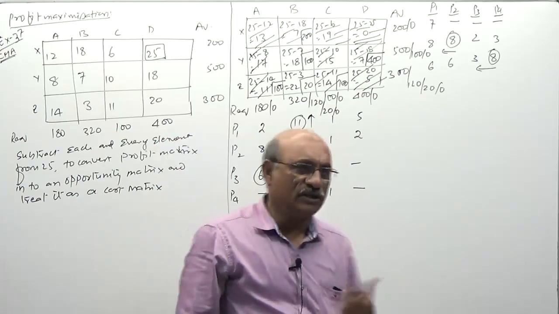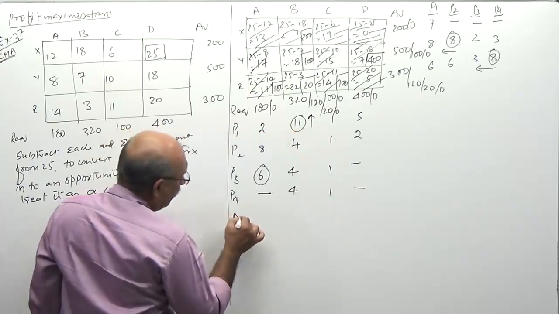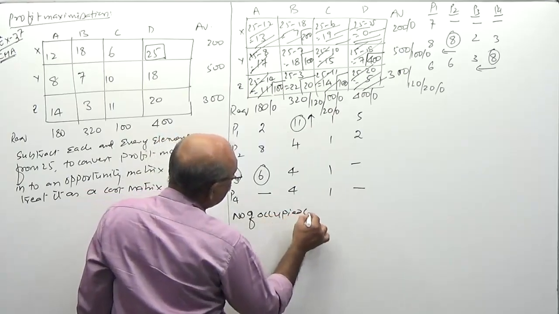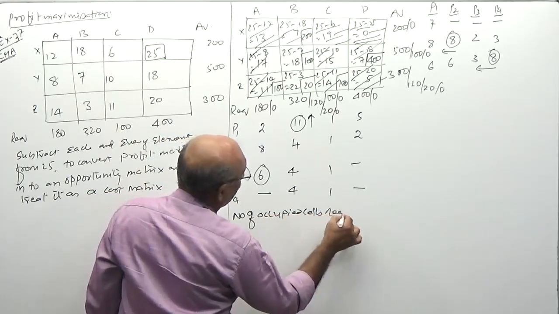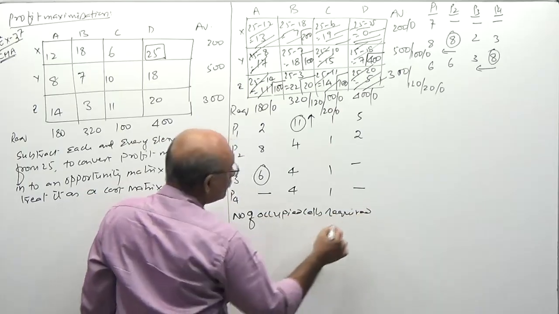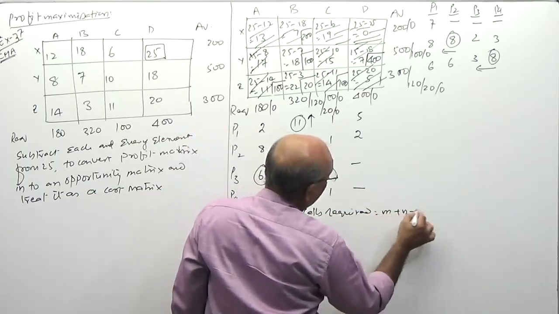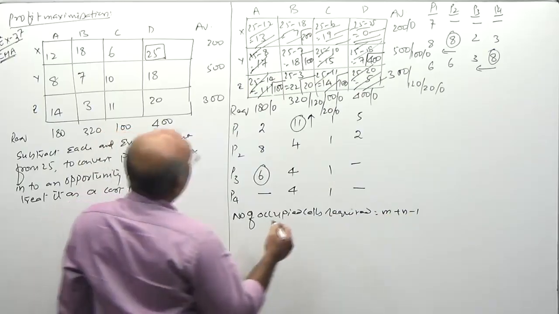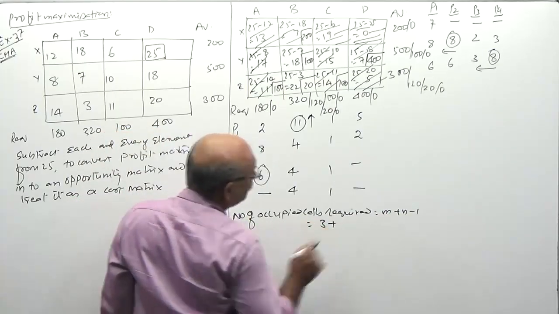Let's go for the condition. Number of occupied cells required is equal to m plus n minus 1. How many rows does it have? 3.